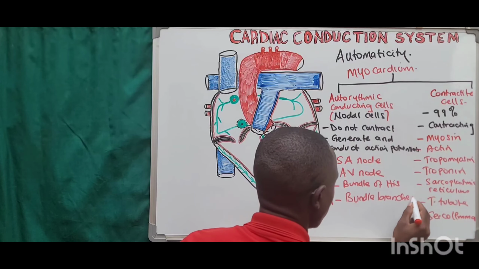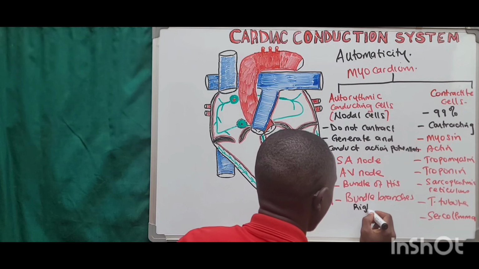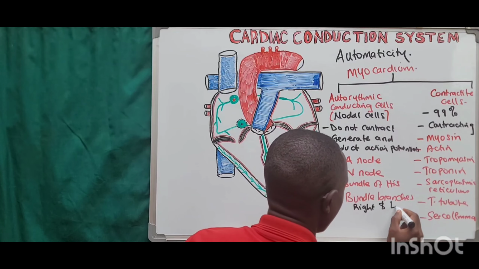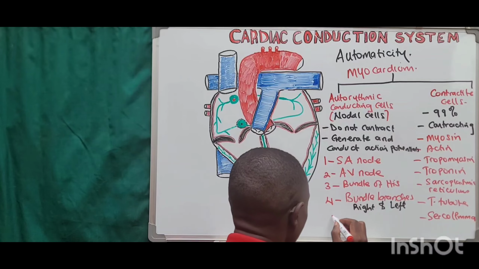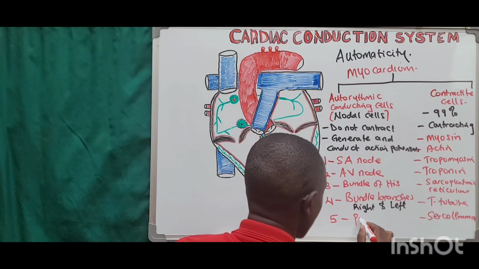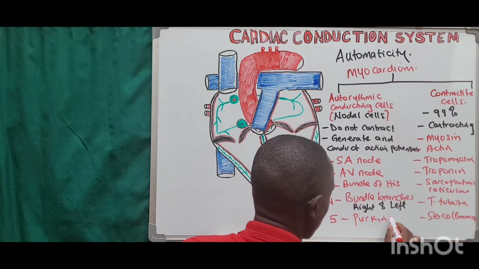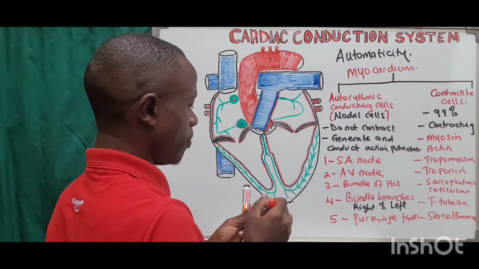When we talk about the bundle branches, we have the right and also the left. And the last example of these nodal cells is the Purkinje fibers.